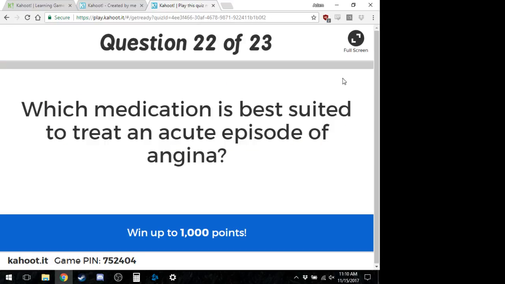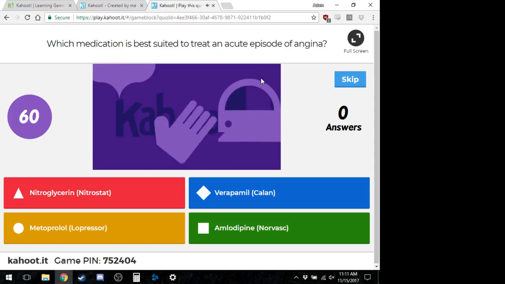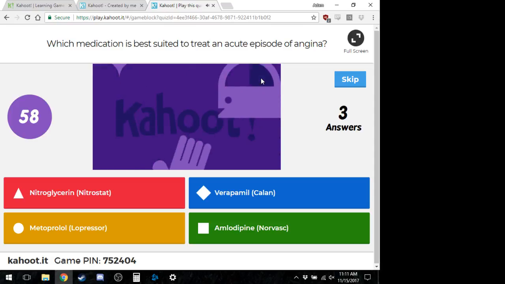Okay. Which medication is best suited to treat an acute episode of angina? Not an obtuse case of it, but an acute.